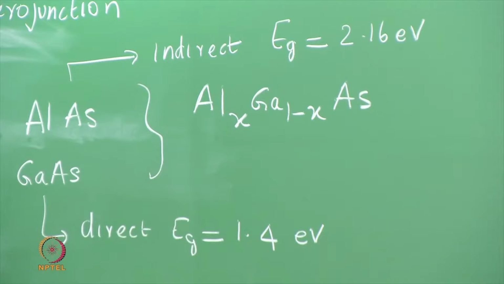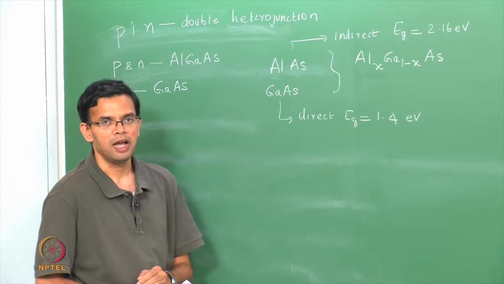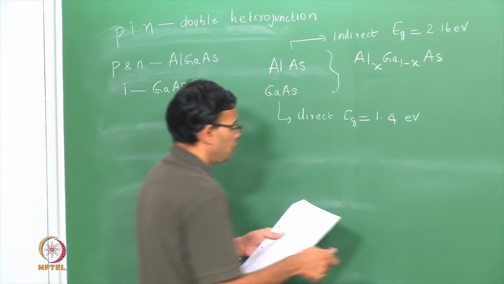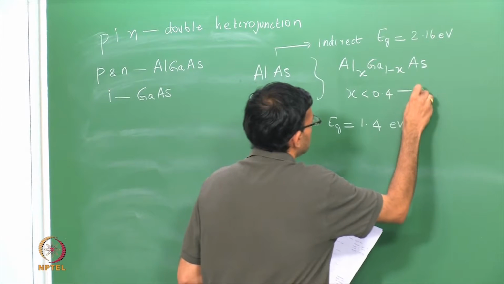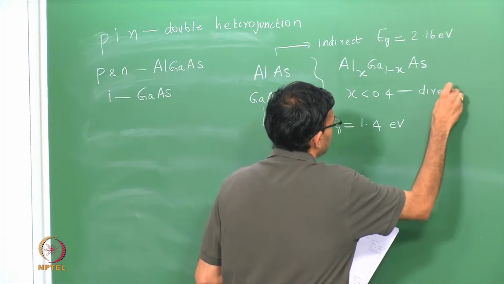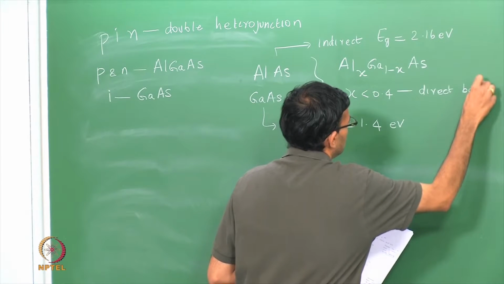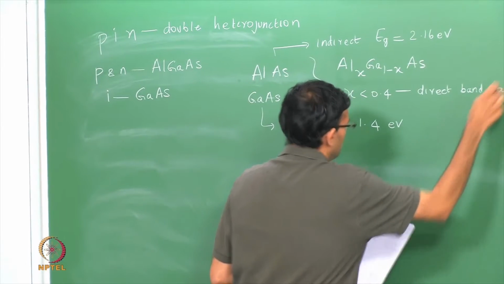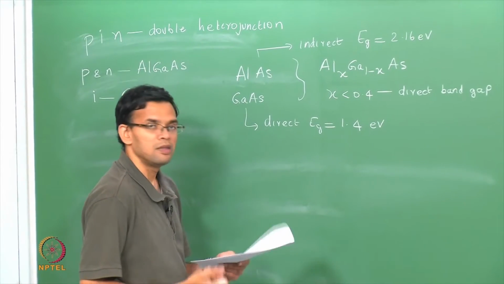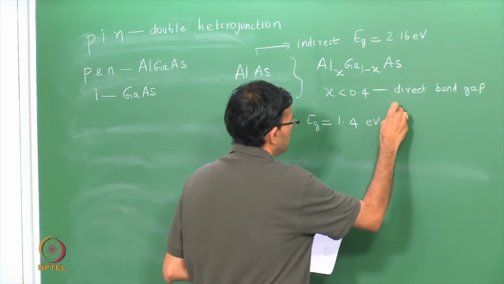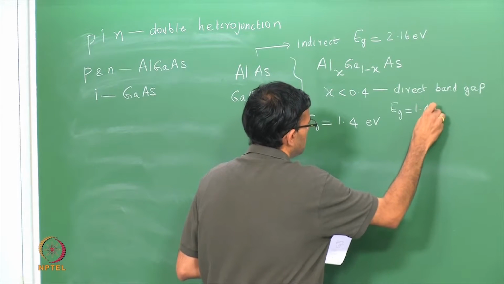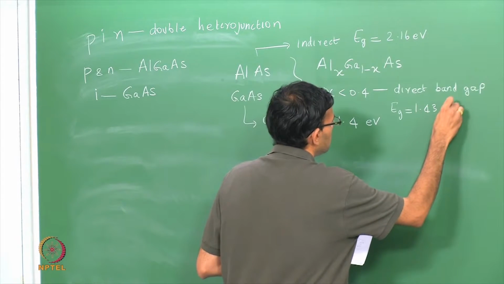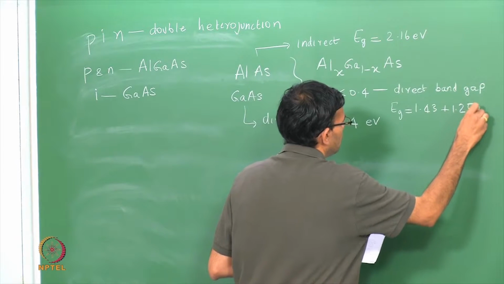This material can be a direct or an indirect band gap depending upon the value of x. For x less than 0.4, this is a direct band gap material, and the band gap Eg is 1.43 plus some multiple of x.